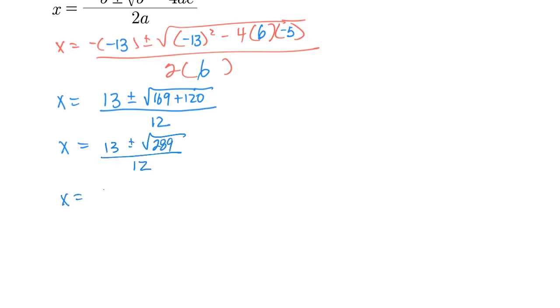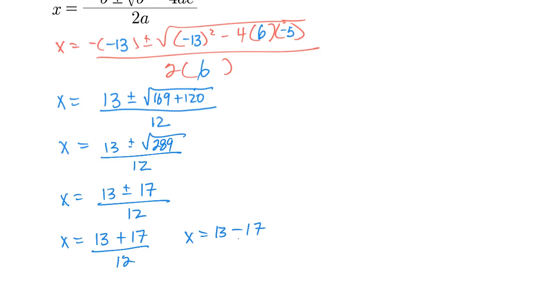And the square root of 289 comes out to bang on 17. Nice. So I can simplify further. So I get my two answers. 13 plus 17 over 12, or x is equal to 13 minus 17 over 12.